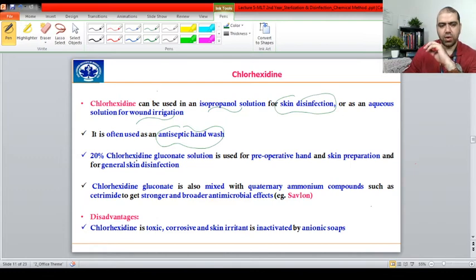Now again, we will see different concentrations and different percentages, as I've been talking about from the very beginning in the physical methods also. If you make chlorhexidine gluconate solution, it's used in pre-operative hand cleaning before surgery, and for preparing the skin for surgery. You can just wipe cotton with this 20% chlorhexidine gluconate, and it's also used for general skin disinfection.